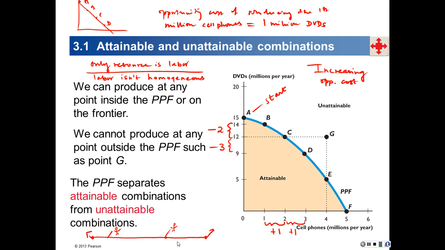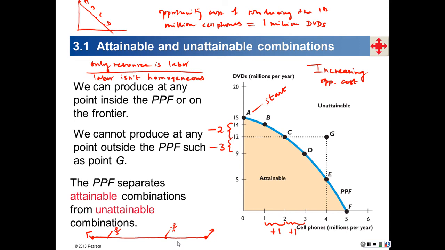And let me explain how this works, to explain concavity. So let's say that we start out at point A. At point A, all workers, whether they are good at DVDs or bad at DVDs, are all producing DVDs, right? And now let's say we want to move some workers out of DVDs into cell phones in order to produce our first million cell phones. We want to go from point A to point B, in other words, right?